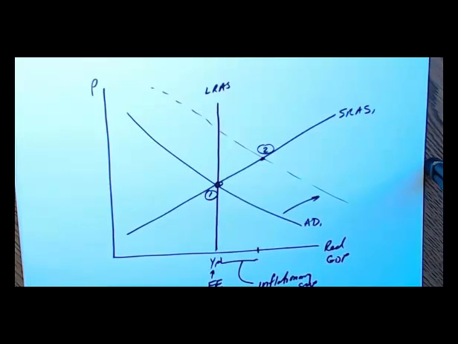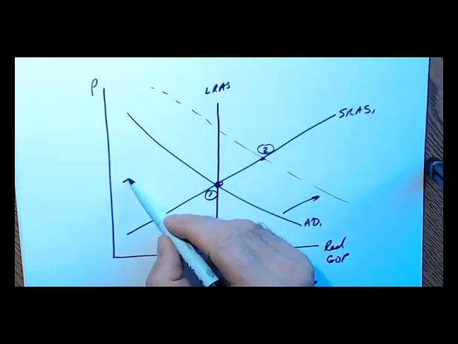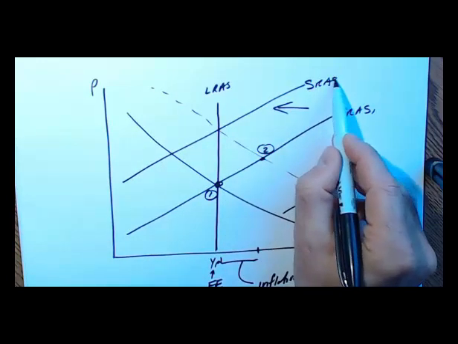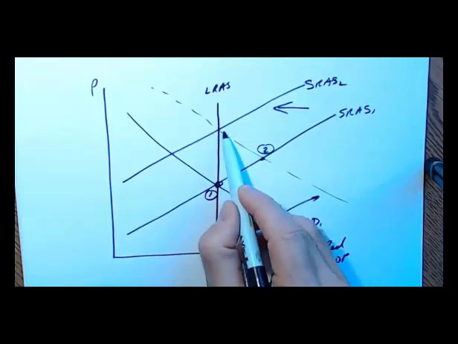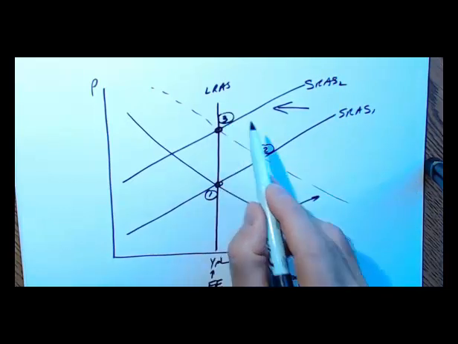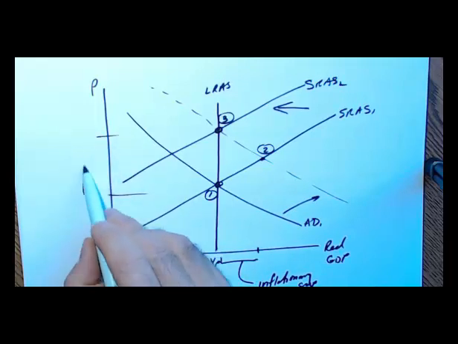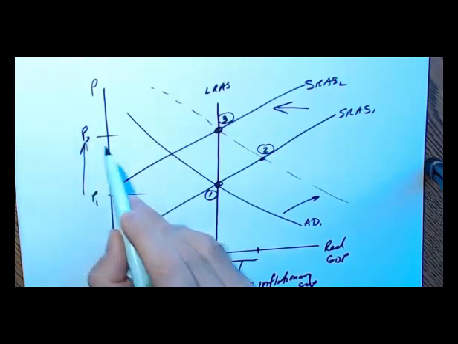Well, they're going to eventually get pulled into employment and start working. And in order for that to happen, firms are going to have to raise their wages. They raise their wages, it shifts the short-run aggregate supply curve out to the left. And we end up at 0.3. So we end up with higher prices, and we get inflation as a result of that.